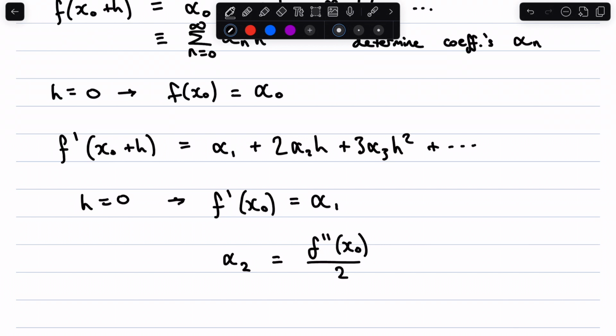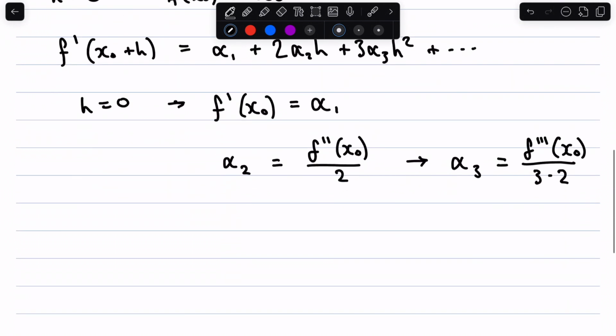And again, just to show, you could also get alpha 3 is equal to f triple prime of x0 over 3 times 2, which is 6, but you'll see why I've written 3 times 2.